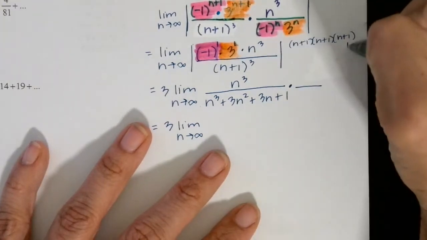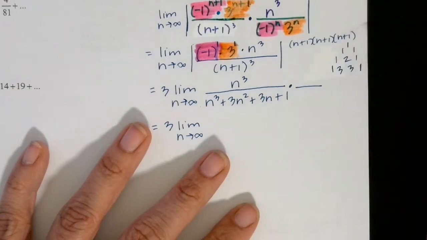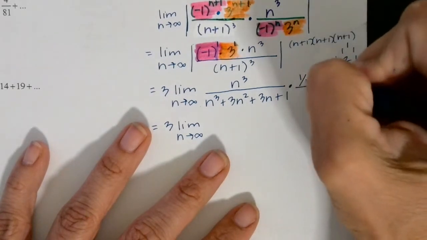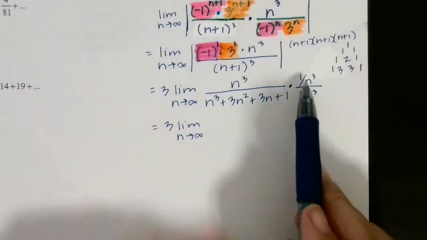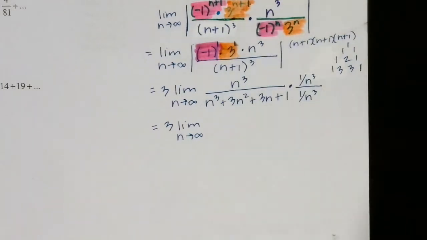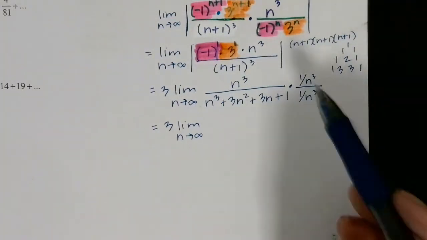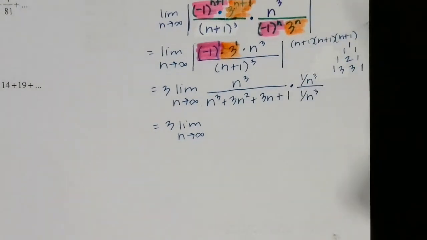I'll put them up a little bit just so that we know where they came from. You can do 1 over n cubed and 1 over n cubed. Okay, so that is the same thing as saying divide every term by n cubed, right? Because n cubed times 1 over n cubed is n cubed over n cubed.